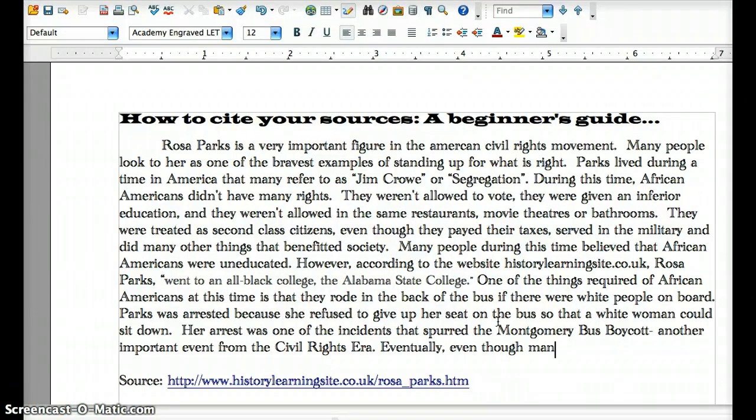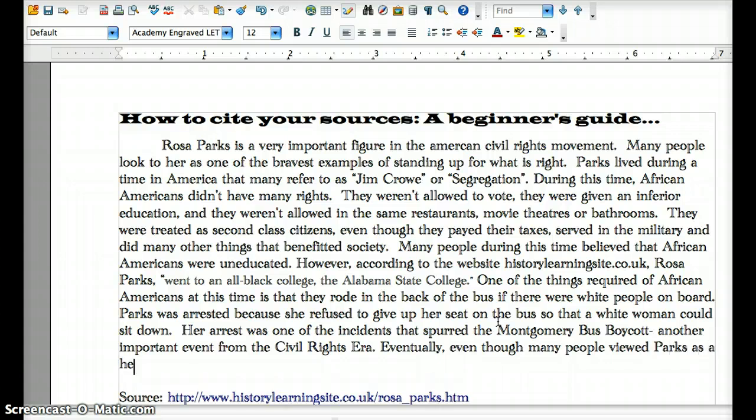even though many people viewed Parks as a hero, or heroine, she was forced to move far away from her home to Detroit.